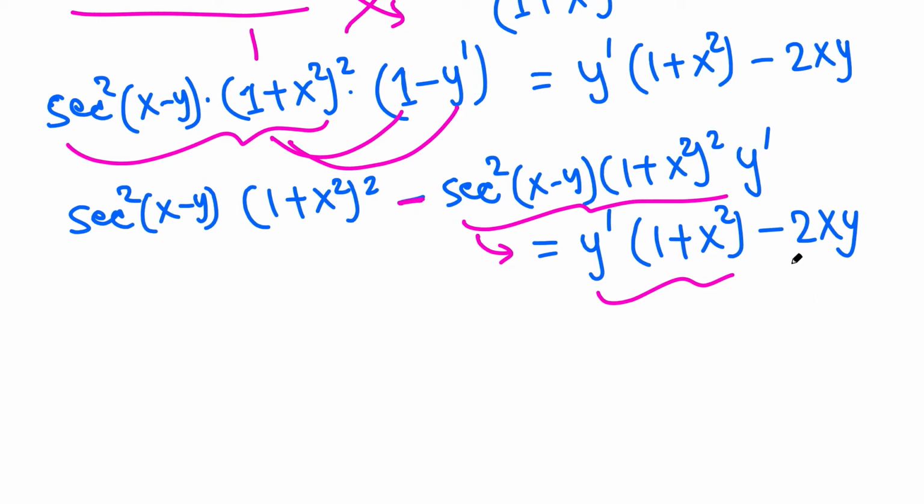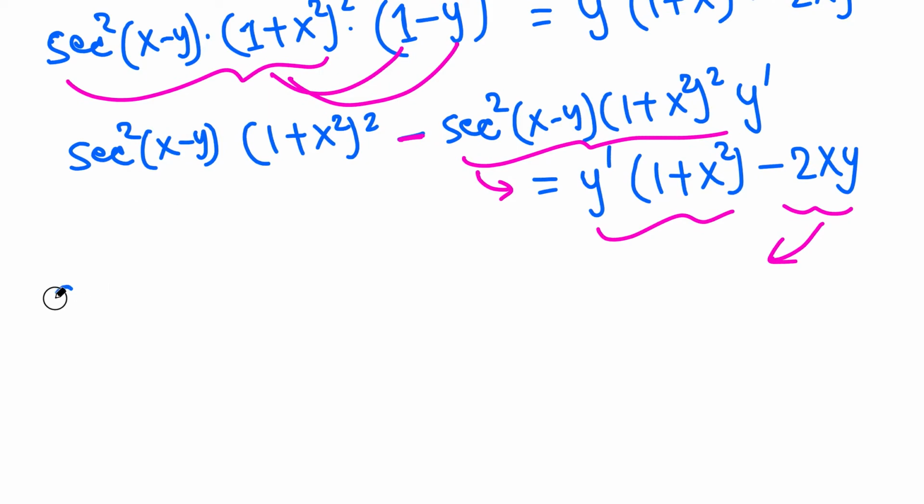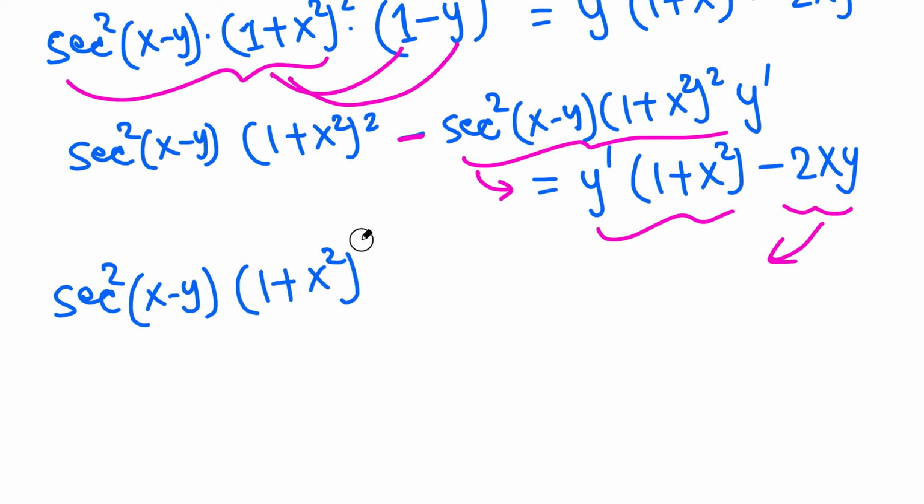That's better. Then that forces us to move this to the other side. Only y prime terms on one side. So we already have secant squared of x minus y times 1 plus x squared quantity squared on the left, add 2xy, equals, after we move, which means we need to add.